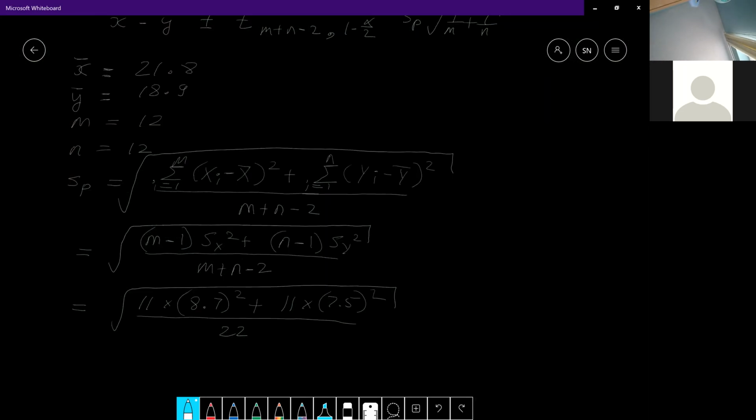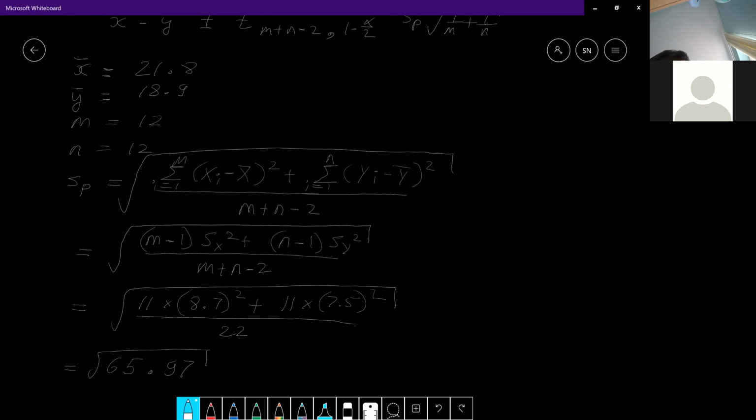Now, if you work this out using a calculator, you will get this to be equal to, correct me if I'm wrong, 65.97. Oh, sorry, the square root of it, right? So that's your SP, right?